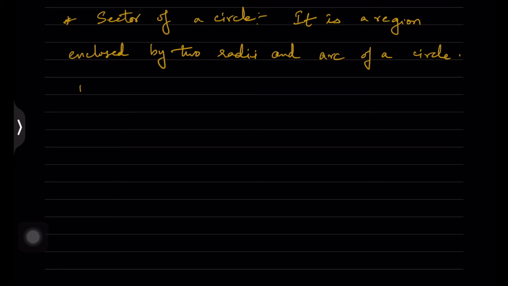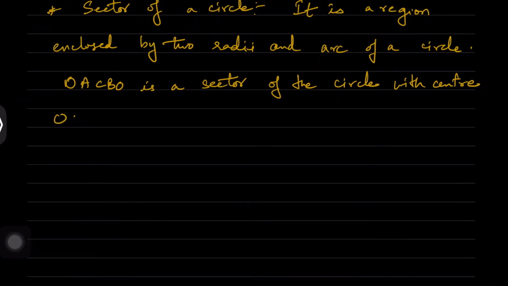In the given figure, OACBO is a sector of the circle with center O. So what's a sector of a circle? It is a region enclosed by two radii and an arc of a circle, OACB. OACBO is the sector of the circle with center O.